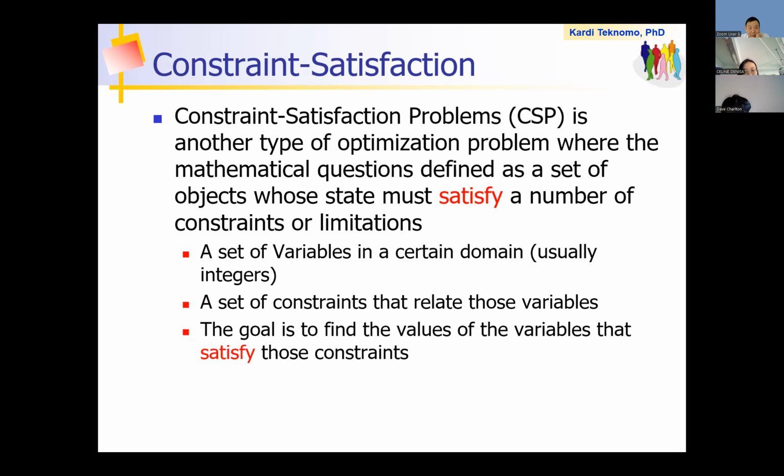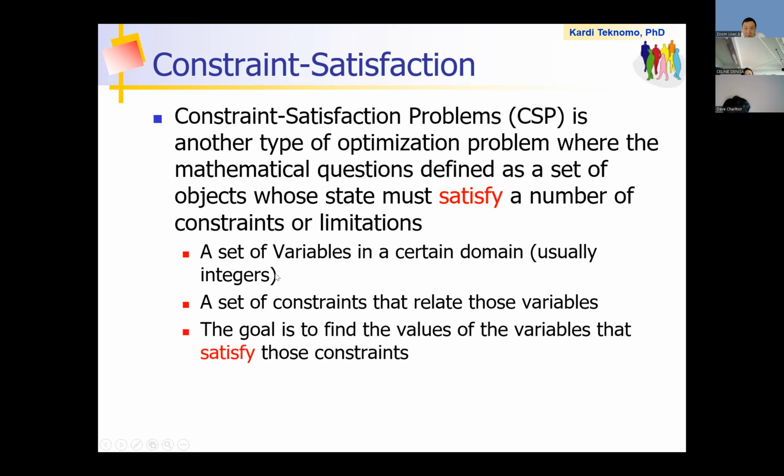So there is another type of optimization, called the constraint satisfaction problem, or CSP. Using MiniZinc you can do this, but using Excel is very difficult. This is another type of optimization problem where the mathematical question is defined as a set of objects whose state must satisfy a number of constraints or limitations.